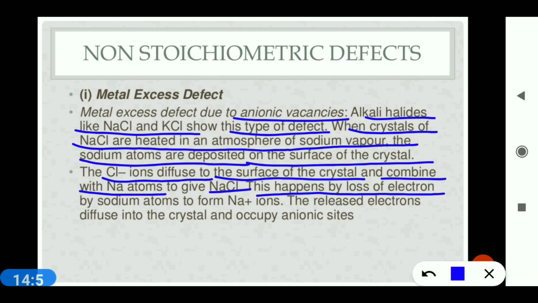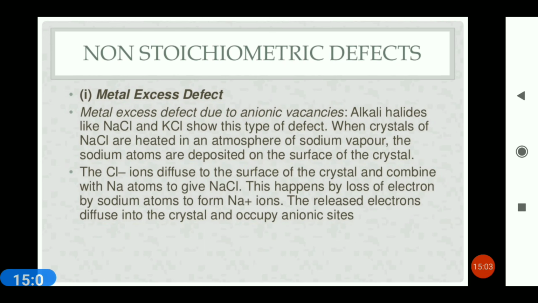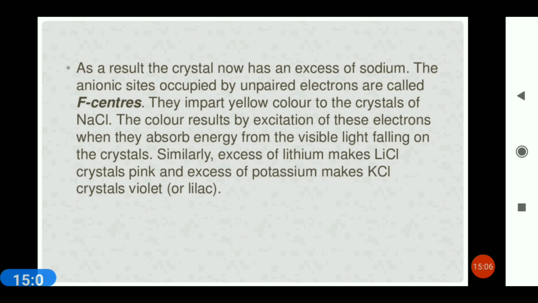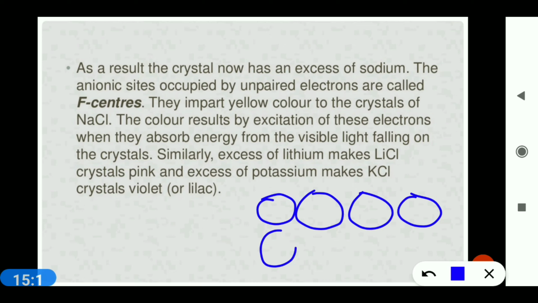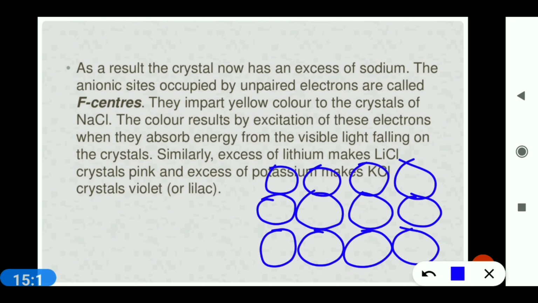This happens by the loss of an electron by the sodium atom to form the sodium ion. The released electron diffuses into the crystal and occupies the anionic site. So what will happen in the crystal? For example, you can imagine your particles arranged in a crystal, positive, negative, and now we have to make the anionic vacancy.